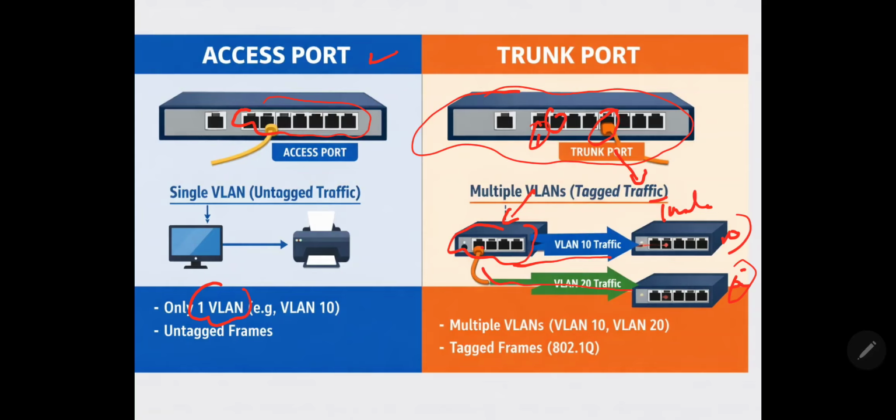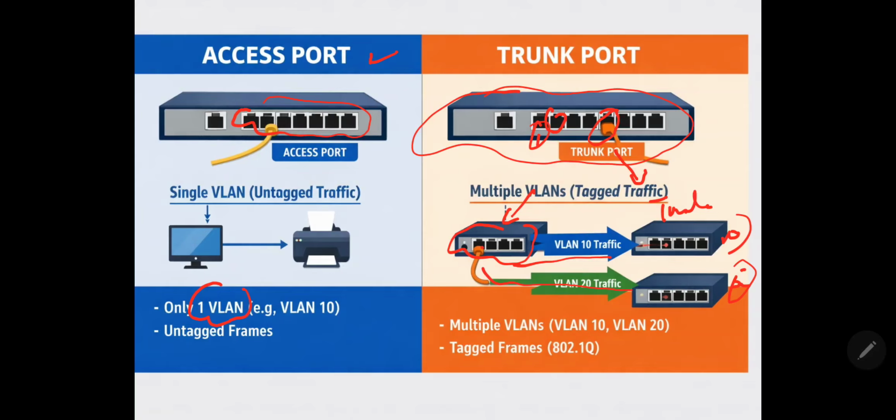The office has multiple switches on different floors. The switch on floor 1 and the switch on floor 2 are connected using a trunk port. The trunk port carries VLAN 10, VLAN 20, and VLAN 30: 10 for staff, 20 for finance, and 30 for guests.